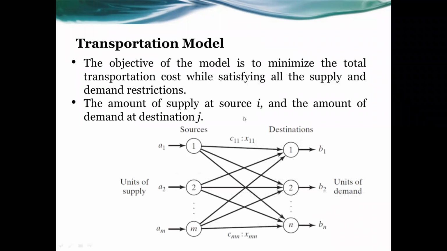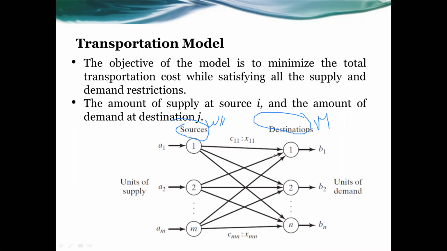Now you can see the similar thing I discussed with you. The objective of the model is to minimize the total transportation cost while satisfying all the supply and demand restrictions. Assuming this is your warehouse, sources mean where you produce your products, and destination is your market.